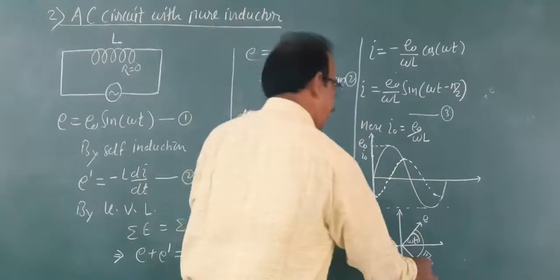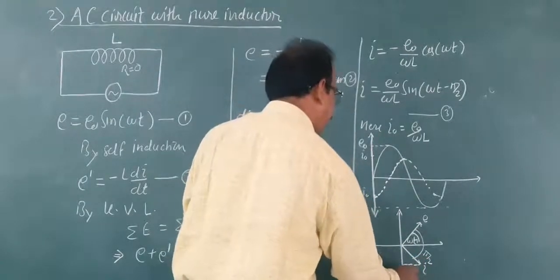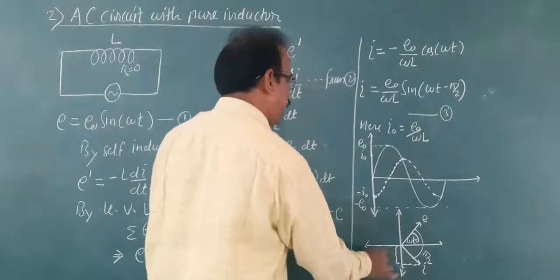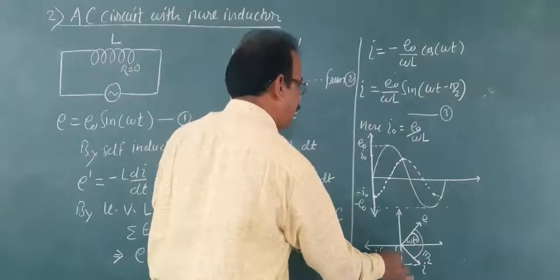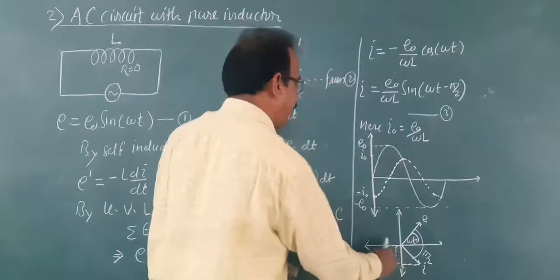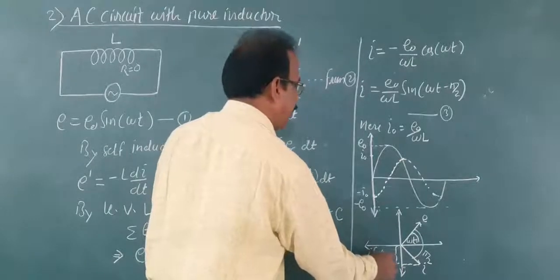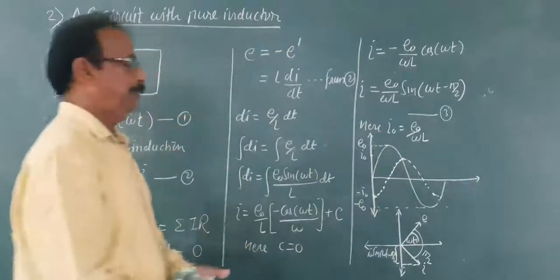This projection will represent instantaneous value of current. This is instantaneous value of current, which is I0 sin of omega t minus pi by 2.